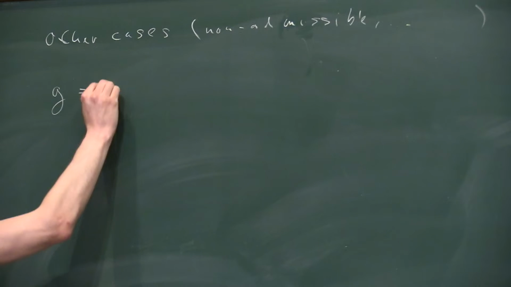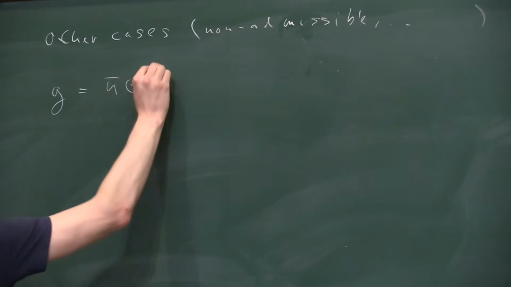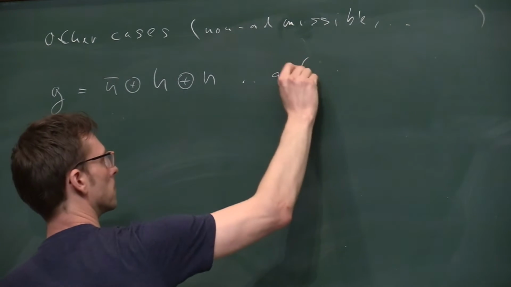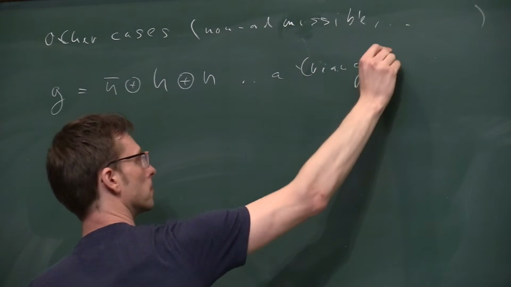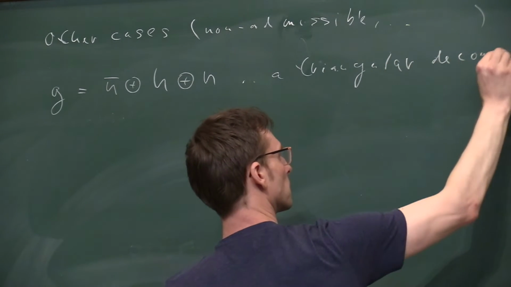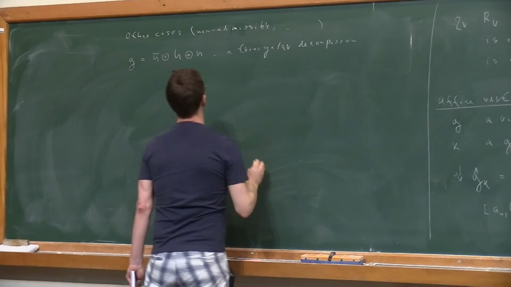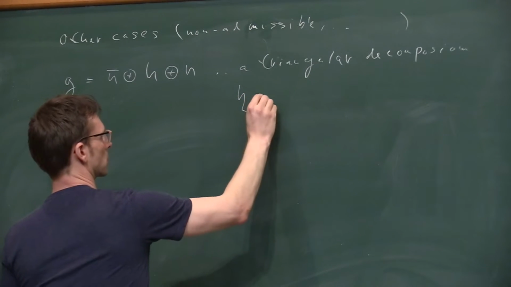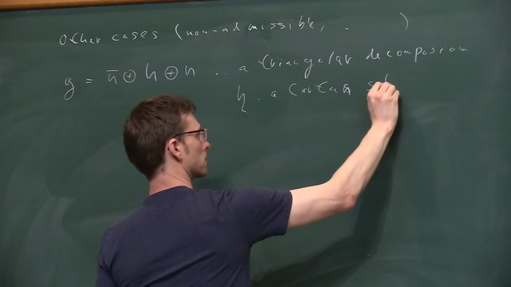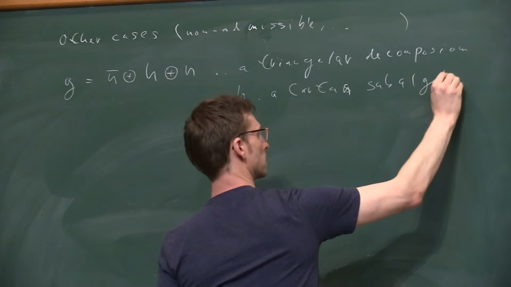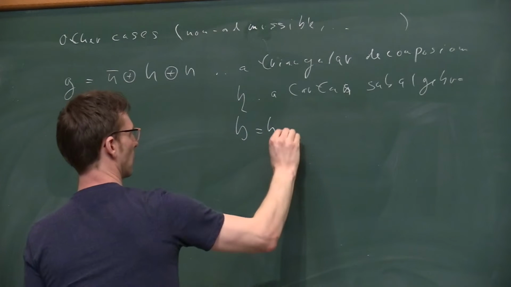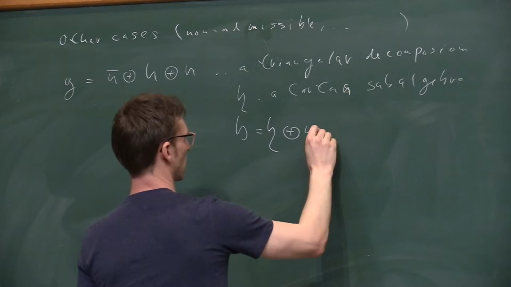For g, I will take a triangular decomposition. h is some Cartan subalgebra, and h plus n is a Borel subalgebra.